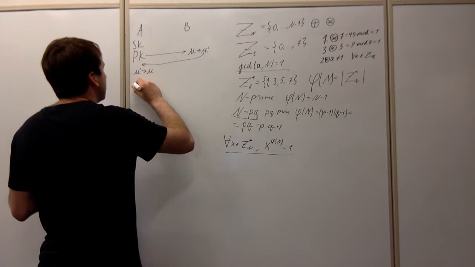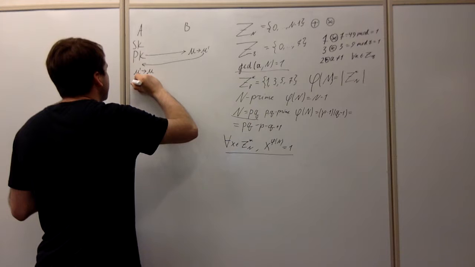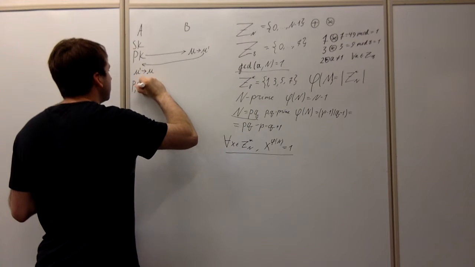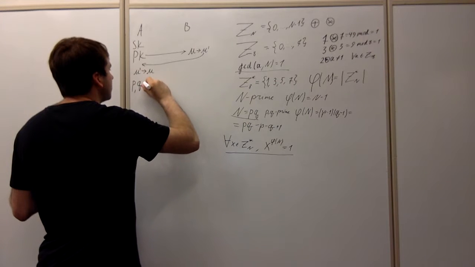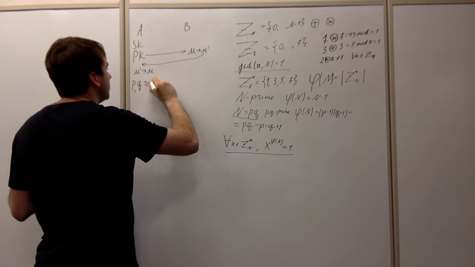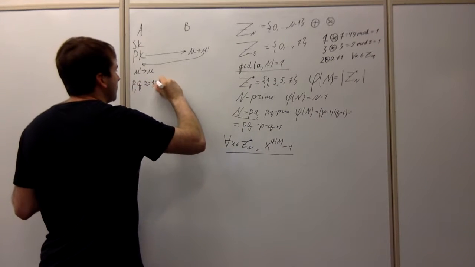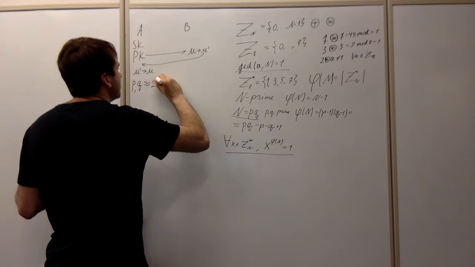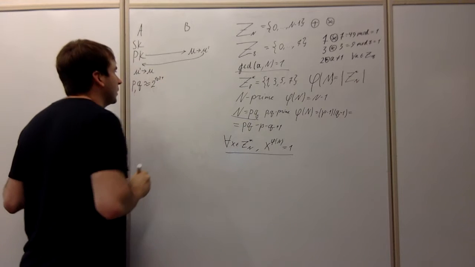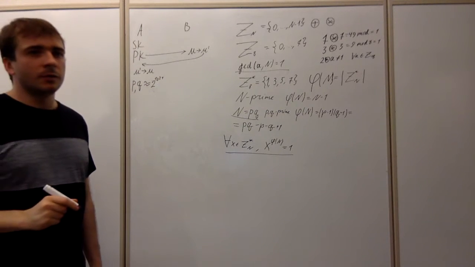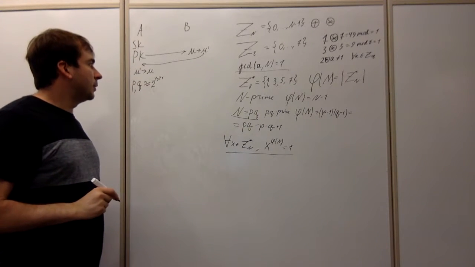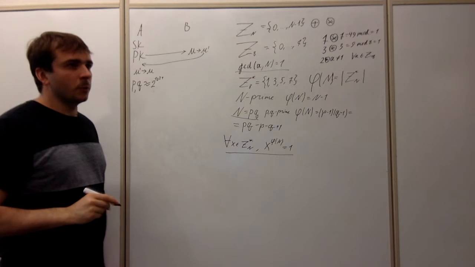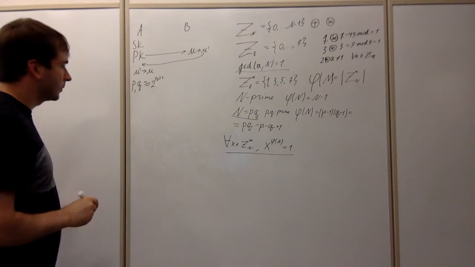So what Alice does is that she picks two numbers, p and q. Those numbers should be prime and they should be really big, on the order of 2 to the power 1024. In other words, we use 1024 bits to represent these numbers, or 128 bytes.